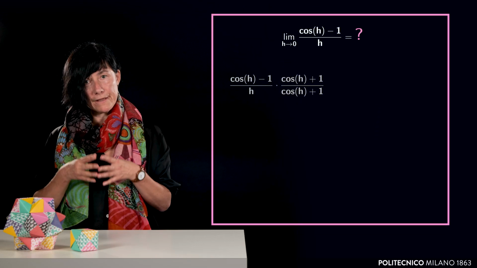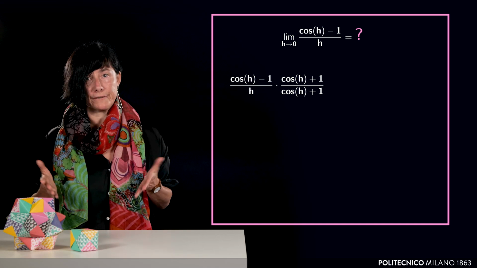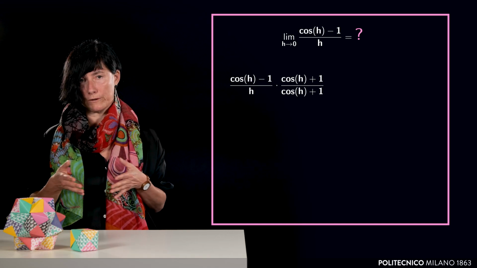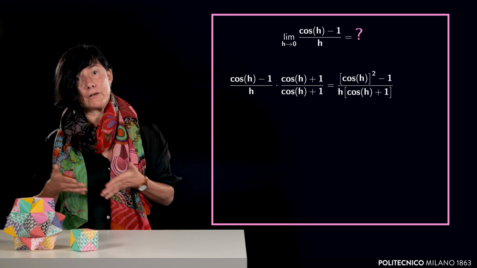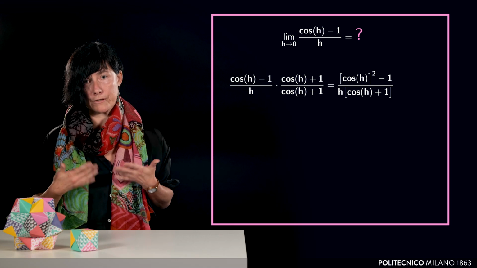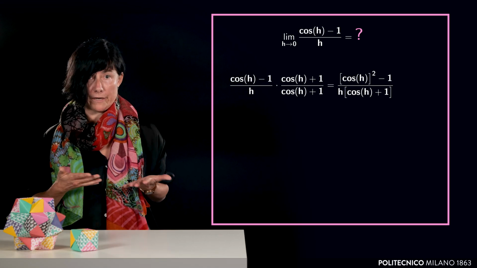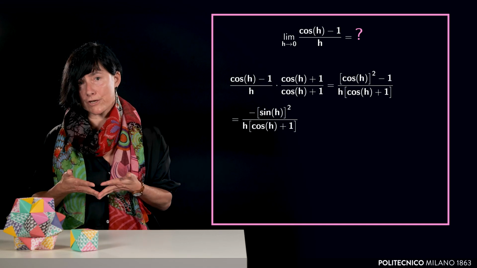We multiply and divide the ratio by cosine h plus 1, which is certainly non-zero as h is small. The numerator now is cosine squared h minus 1. By the trigonometric identity cosine squared plus sine squared equals 1, it becomes minus the square of sine h.